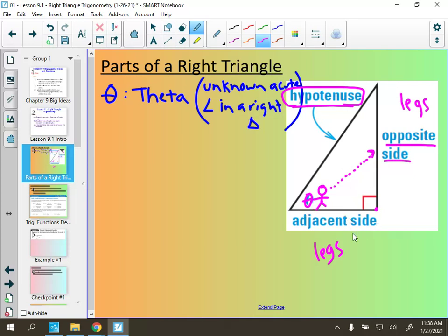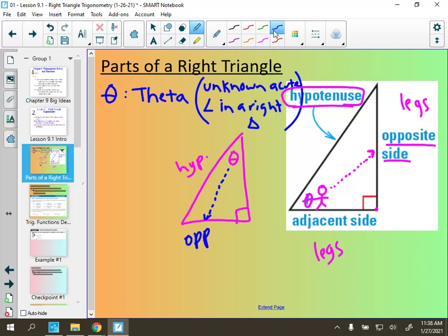But in that same picture, my hypotenuse is still up here. But if my theta is now all of a sudden up here, what's changed? Well, walking out from your theta, now your opposite is down here, and your adjacent is right here, right next to you. So sometimes students struggle with that the entire chapter, wrapping their head around that. Well, I thought it was always this side. I thought it was always that side.